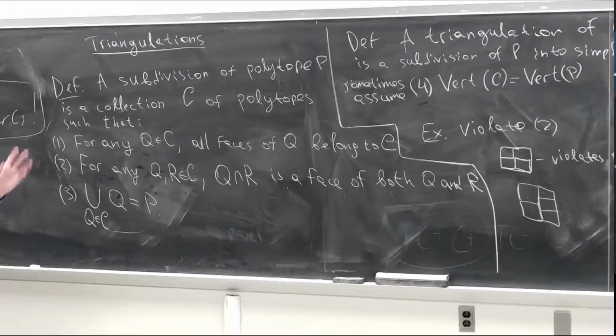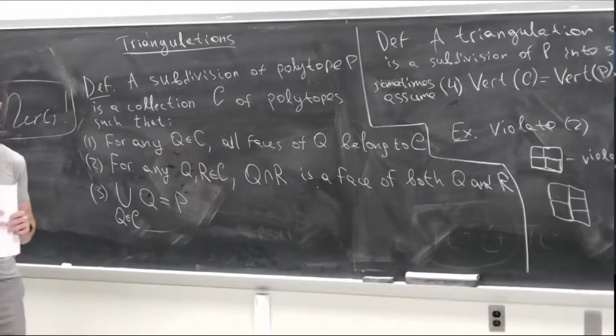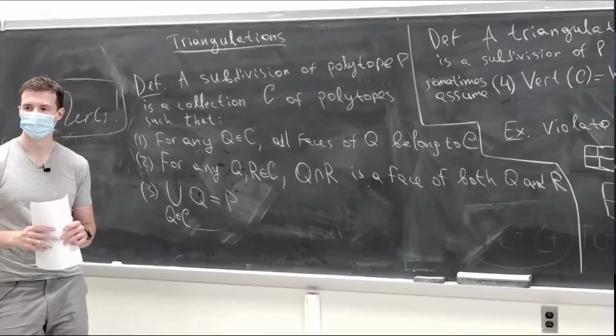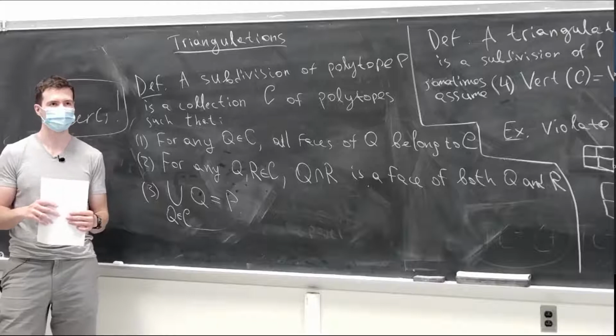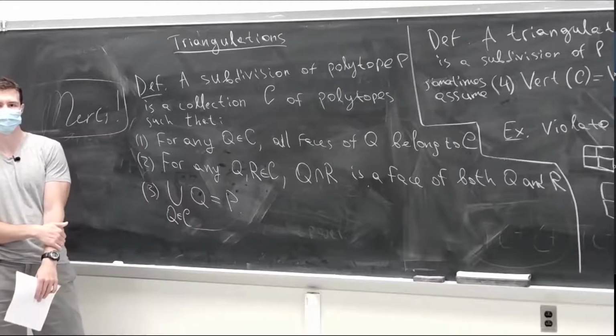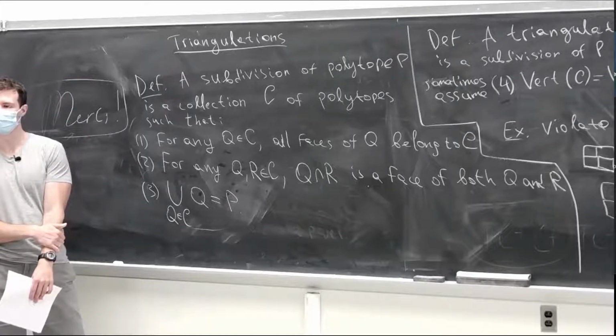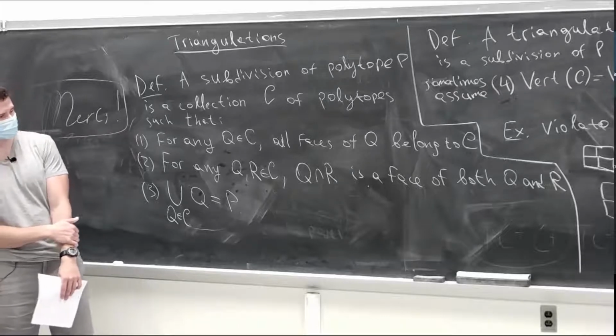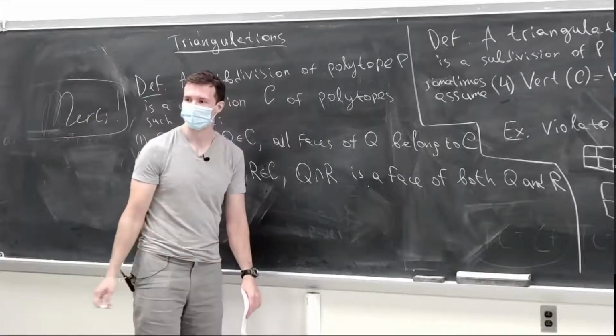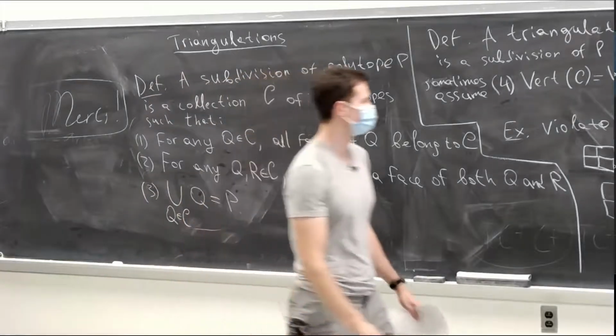Okay, let's say I have a bunch of top dimensional things and their interiors don't overlap and their vertices are the vertices of my polytope. Can this be violated or not? Interesting.